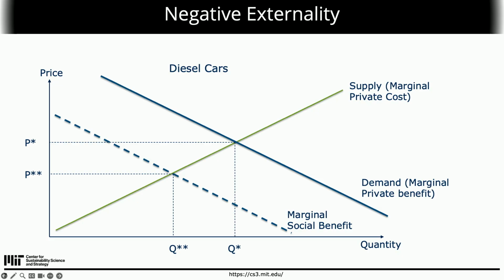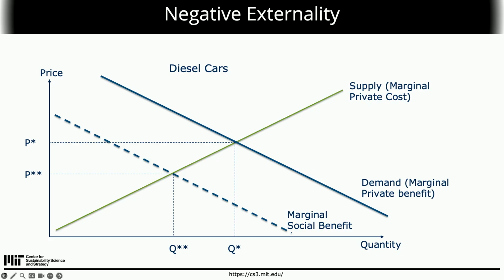Okay, so you're operating at P star and Q star, but the actual marginal social benefit is lower than the marginal private benefit when you're purchasing that car, because you're emitting emissions. Those emissions affect other people, but that impact or that cost on society is not being included within that initial transaction. So we're not at an efficient point at P star and Q star. We need to shift to P star star and Q star star.